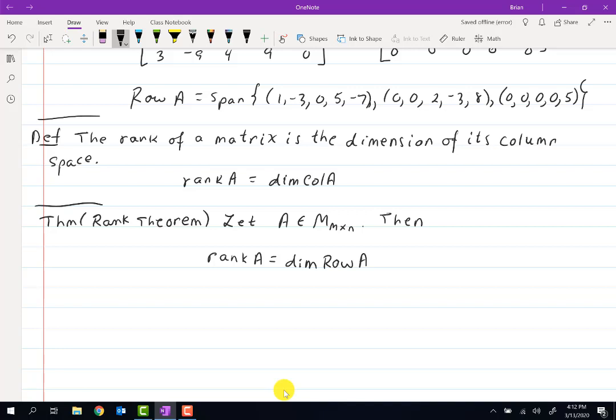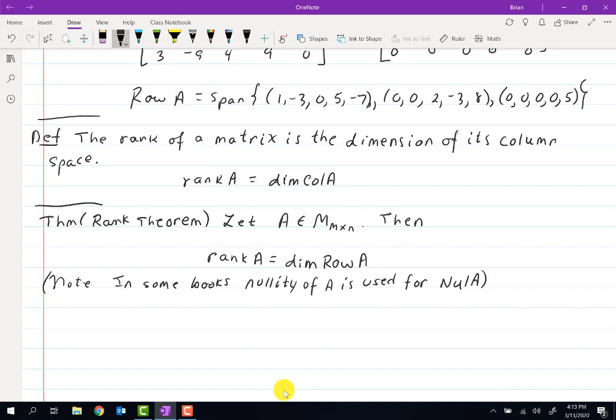Just a note on notation. This won't affect us for the most part. In some books, nullity of A is used for dim null A. But we'll just use null A for what we're doing right now.